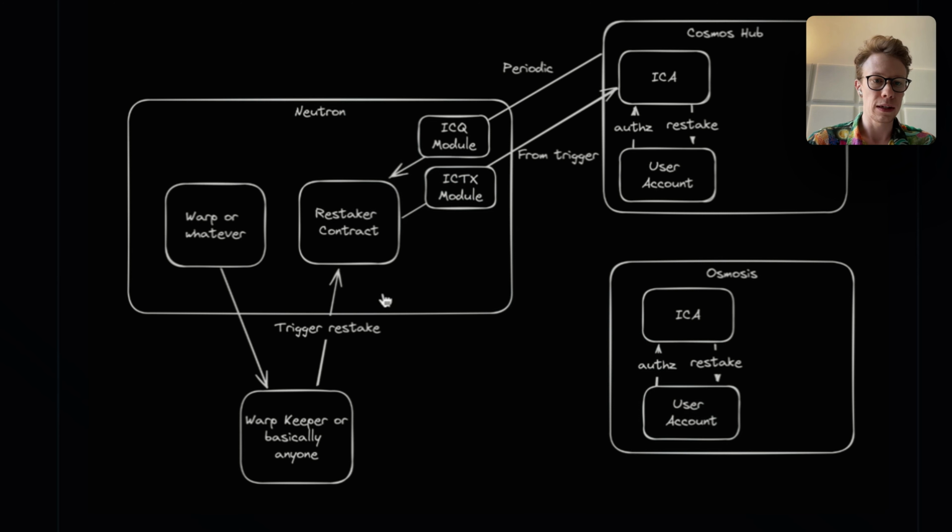So then the restaker account contract has an incentivized message that can be sent to it to trigger the auto compounding. This can either be done by users themselves as a sort of gamified thing, where they can get a small reward for doing that, and of course then paying the gas fees.